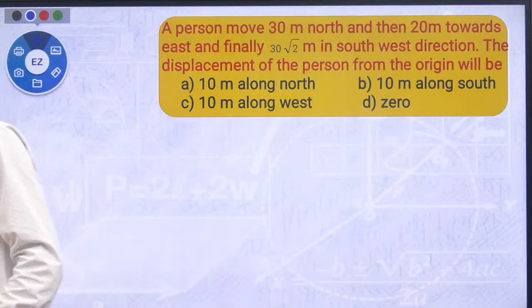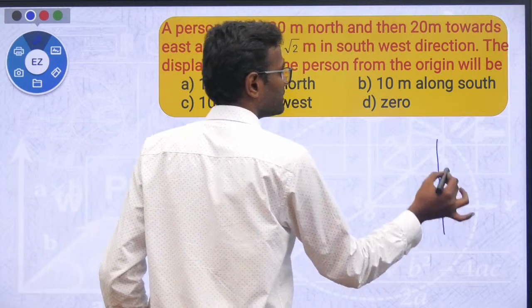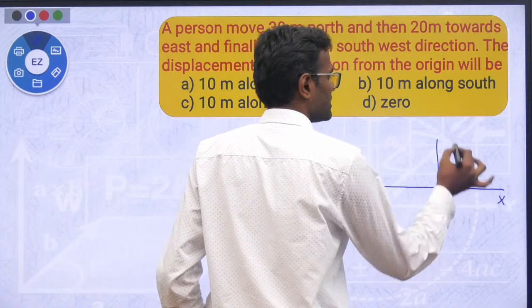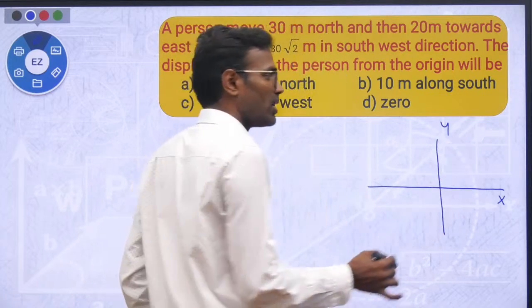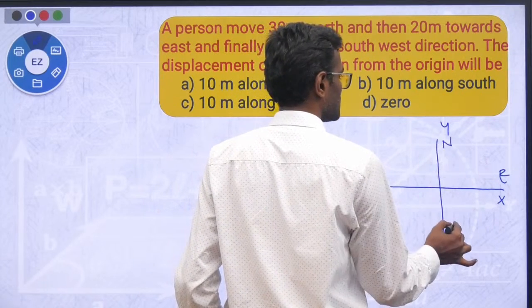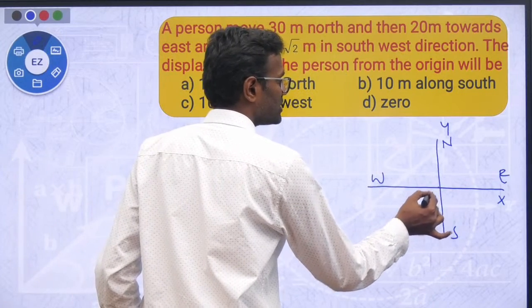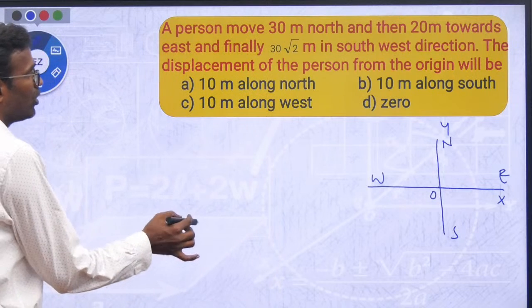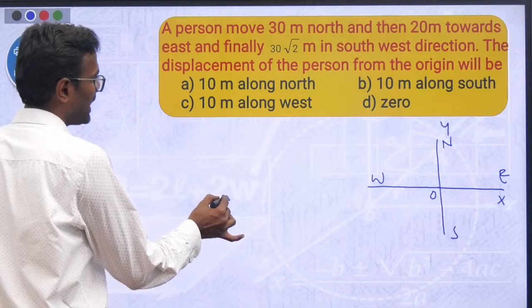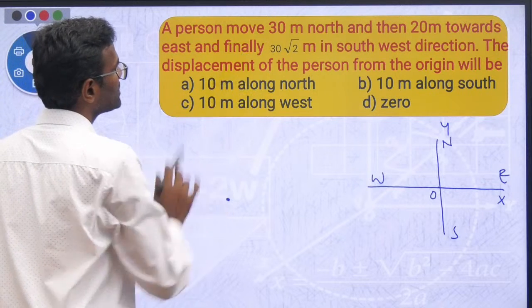origin will be? Okay. So to solve this, we take the directions first. This is the x axis, this is the y axis, and this is east, this is west, north, south. So this is the origin, the origin will be at O. So this is the person; he was standing here, started moving 30 meters north.